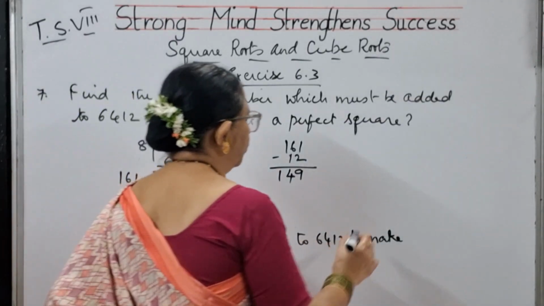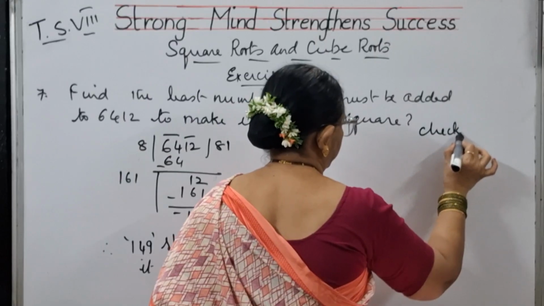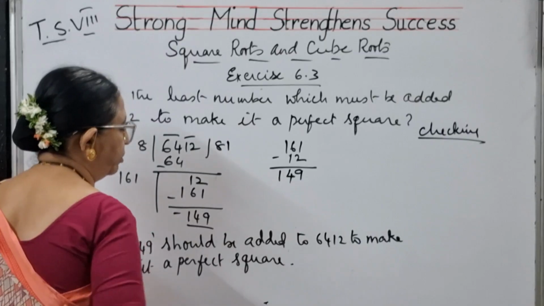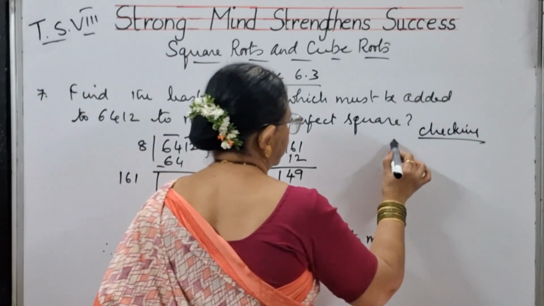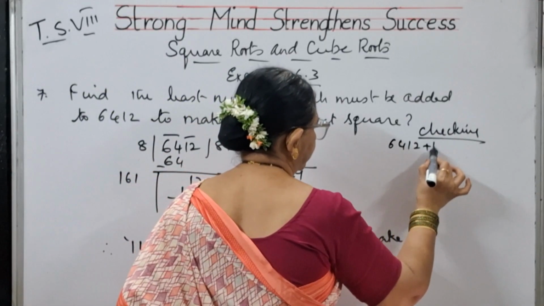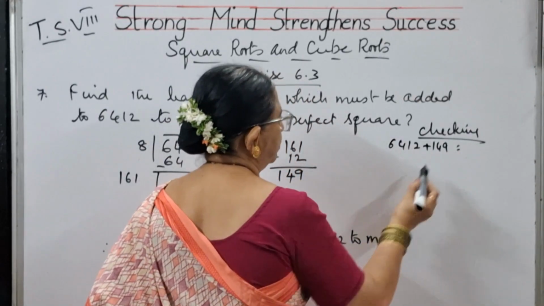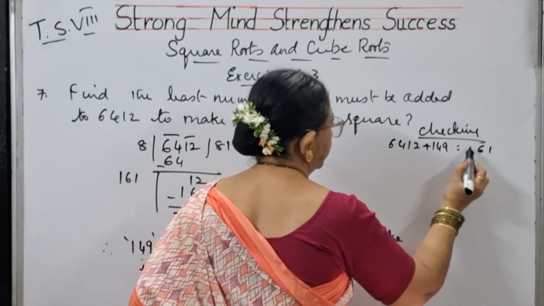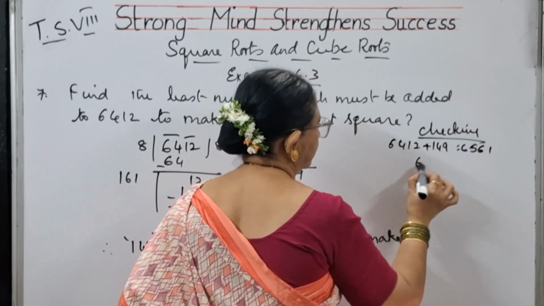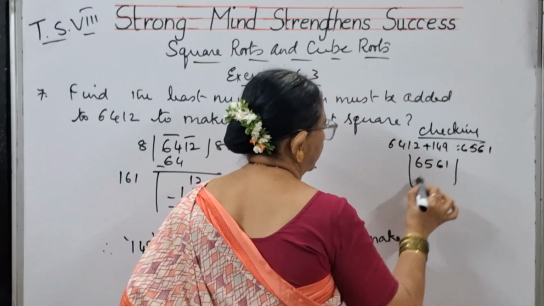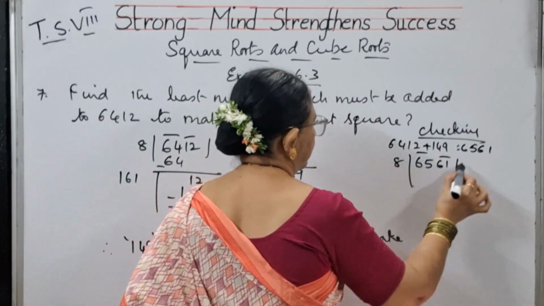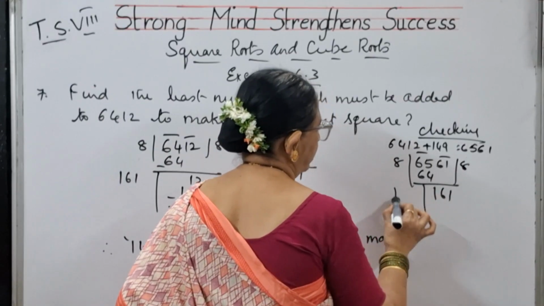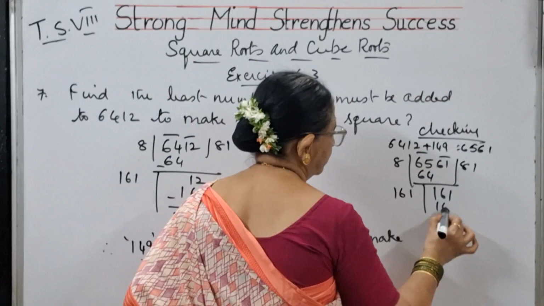So if you want to go for checking for this problem, now when you add 149, how much are you getting? 6412 plus 149. How much are you getting? 9 plus 2, 11, 5 plus 1, 6, 4 plus 1, 5, and 6. 6561. So when you go for this, 8 eights are 64, 1, 6, 1, 8 twos are 16, 1 is 161.